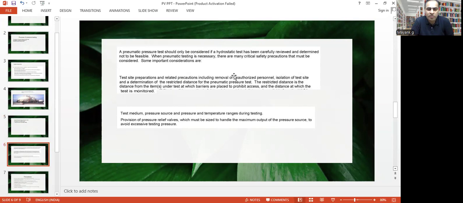Test site preparation, including the removal of unauthorized persons from the isolation site, should be done. There should be a restricted distance for the pressure test. People should not be allowed to go near the area of pressure testing. And there should be a provision of relief valve. We shall be discussing all this in detail now.